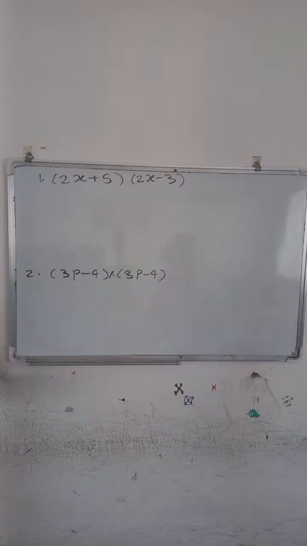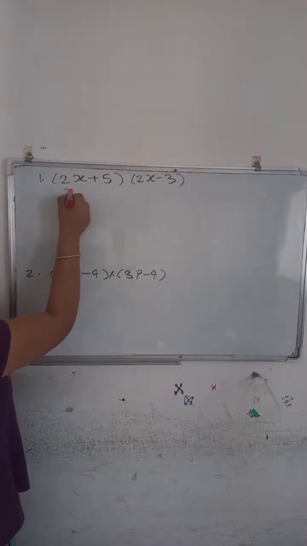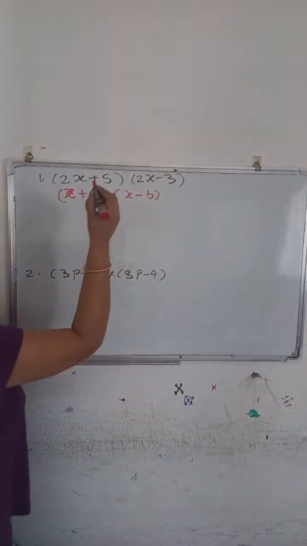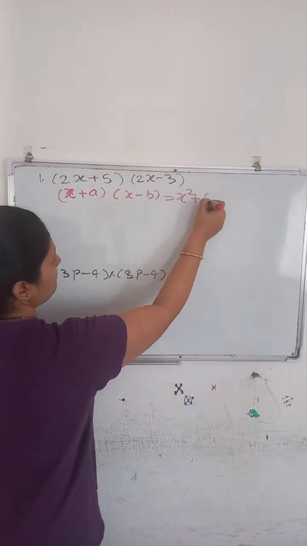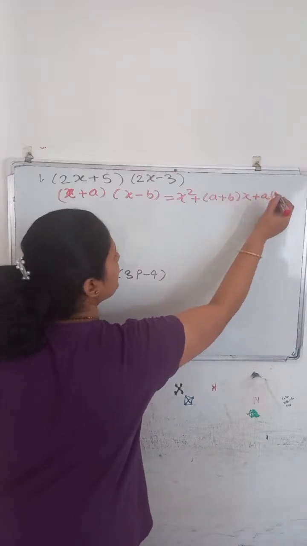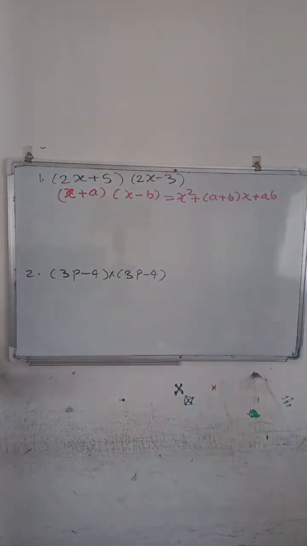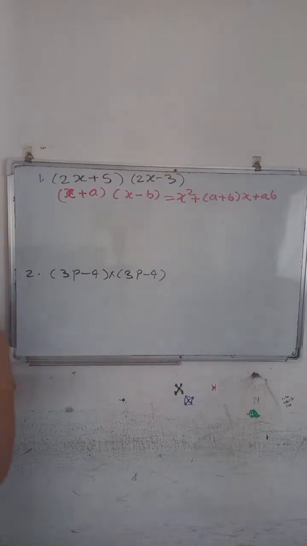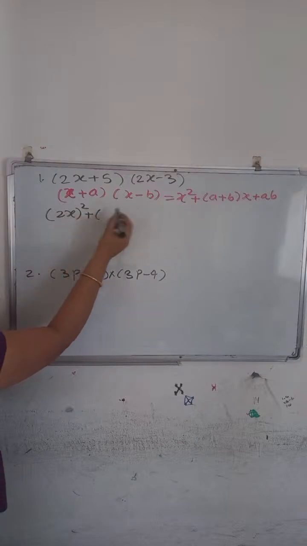In the very first equation we can use the identity where this is x plus a and this is x minus b. That is nothing but x square plus a plus b into x plus a into b. This identity we have to use. Don't make a mistake. Here in the formula it is x square, but here x is nothing but 2x. So 2x whole square plus a plus b.